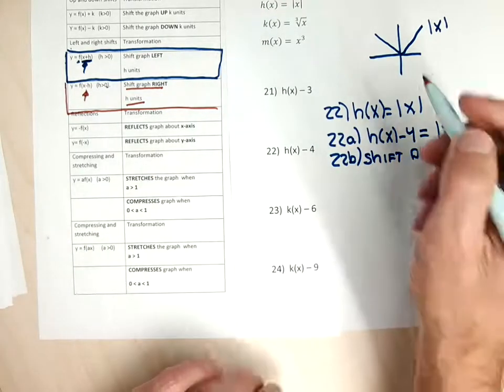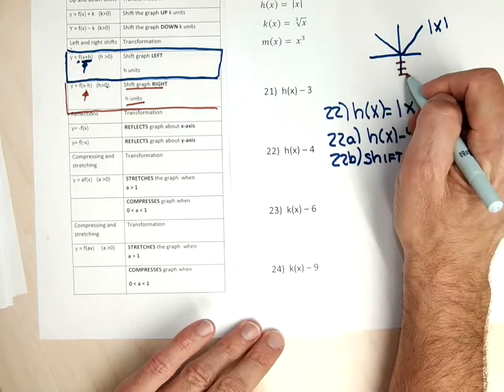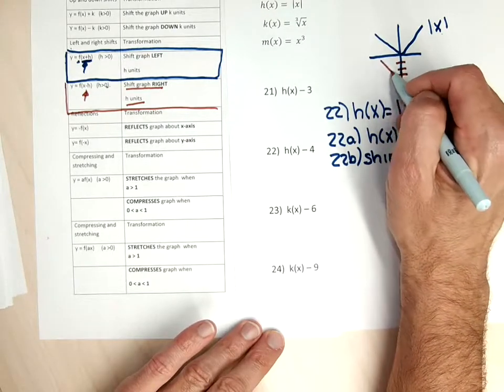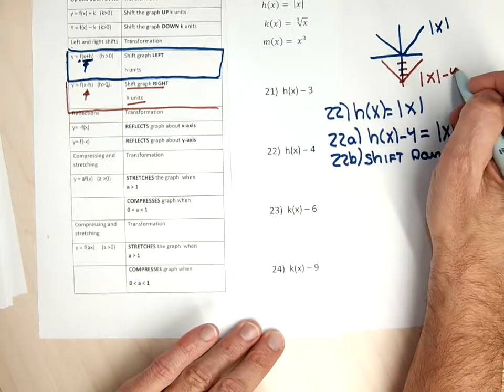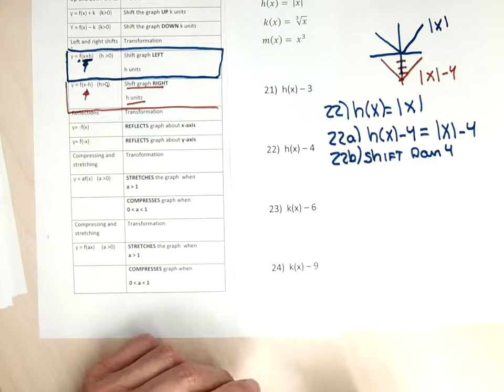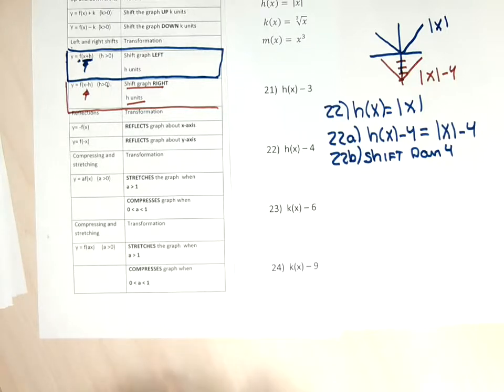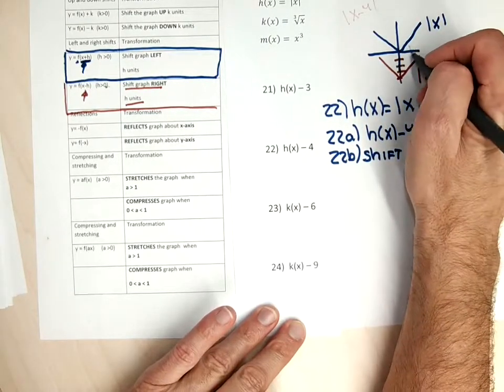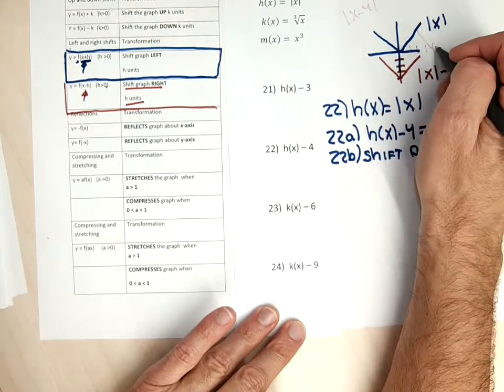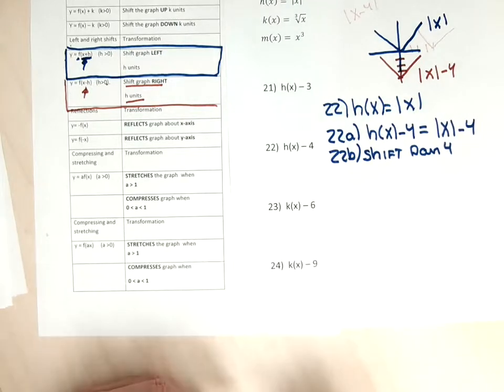And the absolute value of x minus 4, with the minus not in parentheses, is going to be the exact same graph, but it's going to be moved down. If it was inside the parentheses, if it was the absolute value of x minus 4 like that, that would move the graph to the right. That's not what's asked here, but that's how all those things relate.